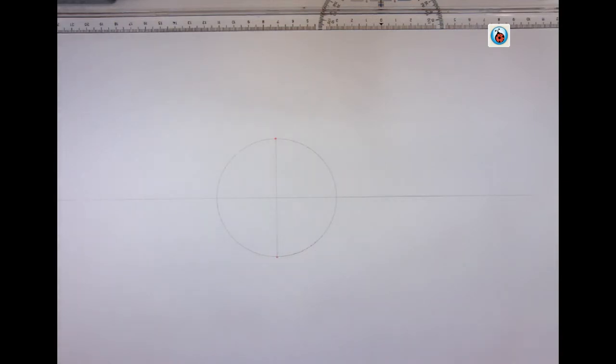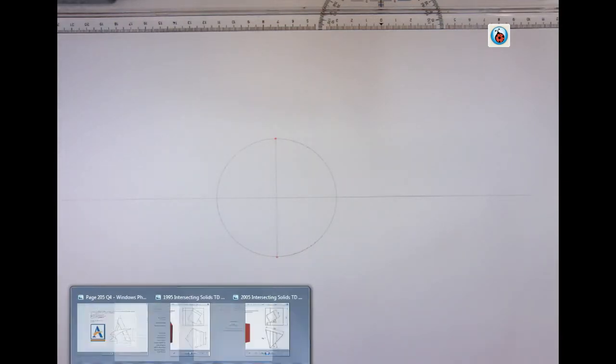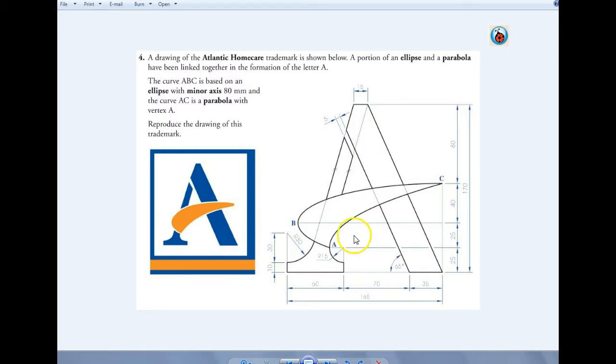Now, if we look back to our question again, we are given point A, and point A is a point on the ellipse. If we look here, if we go down 25, we're going over 35, 70, and then we have a 15. So 35 and 70 is 105, and 15 is going to give us 120.